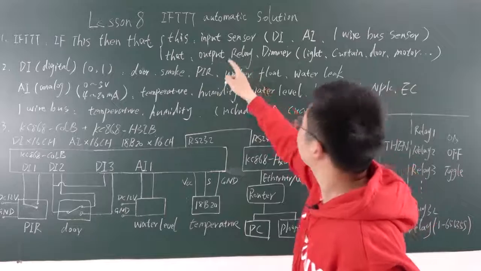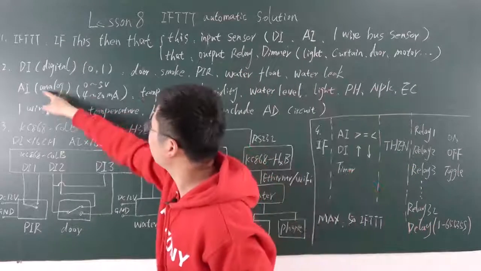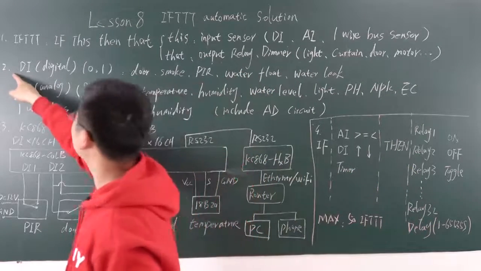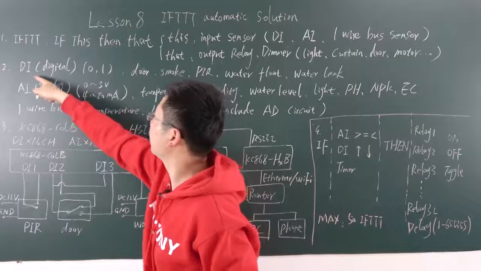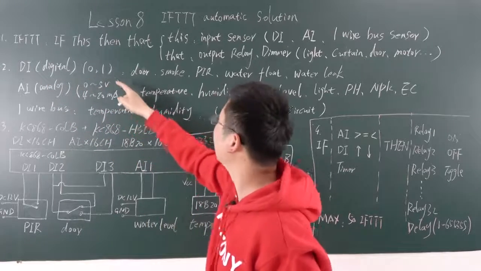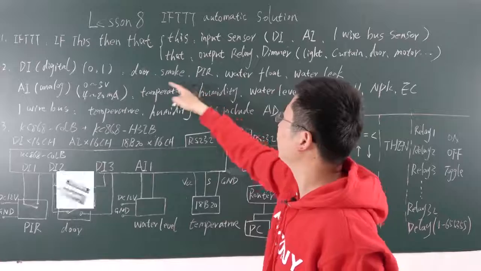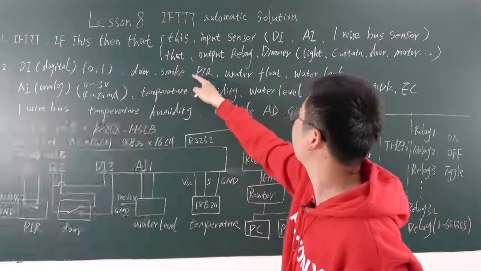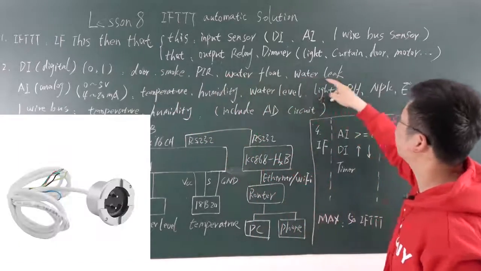So what are DI and AI? A digital sensor means only 1 or 0, two states, like the door sensor, smoke sensor, PIR sensor, water float, and water leak.